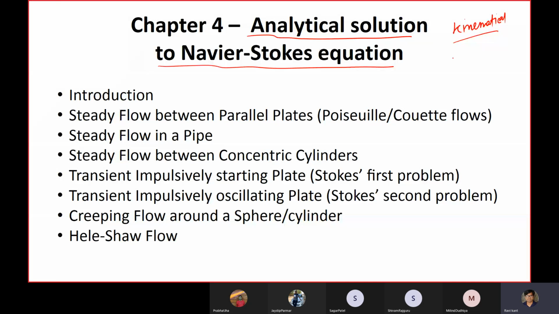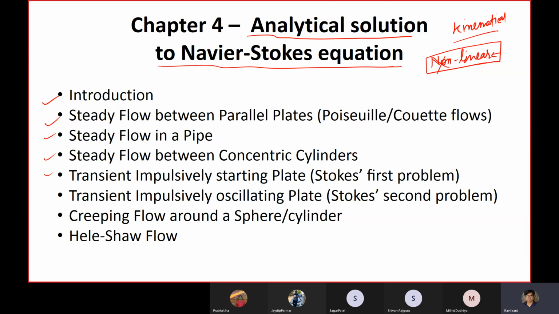The problem with the full Navier-Stokes equation is that it is highly nonlinear in nature, and that is why it is very tough to solve. Nevertheless, in this chapter we will take up a few standard problems which involve no nonlinearity in the equation and which allow us to seek the analytical solution of Navier-Stokes equation.